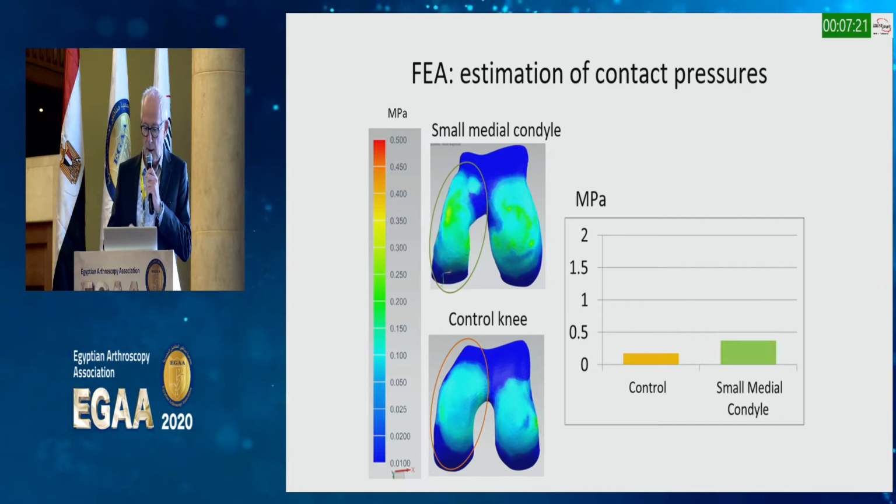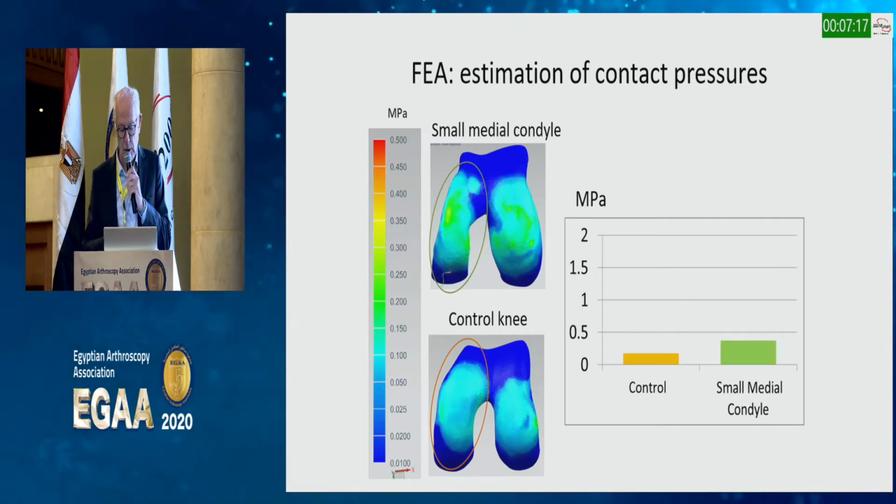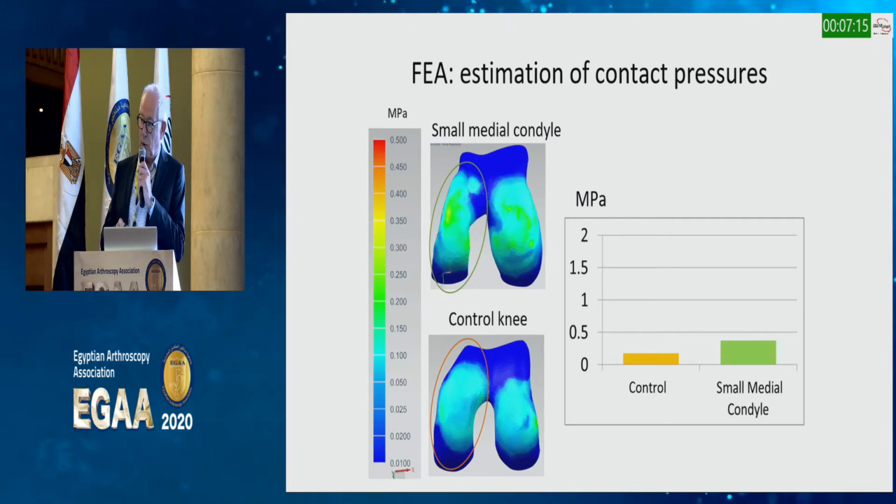And here is the estimation of the contact pressure. You can see that the control group has less contact pressure because of more surface for weight bearing versus the small medial condyle. It's not dramatic, but it is still there.